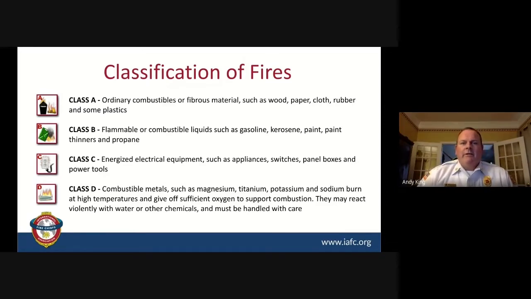So the idea is to kill the electricity beforehand before extinguishing it. But there are also different types of extinguishers that can be used on Class C, obviously, in a safe way. And then Class D is the final one, which involves combustible metals. Typically, we all think of magnesium engine fires, but those are metals that typically can't be extinguished with water, or if they are, you have to be very careful.